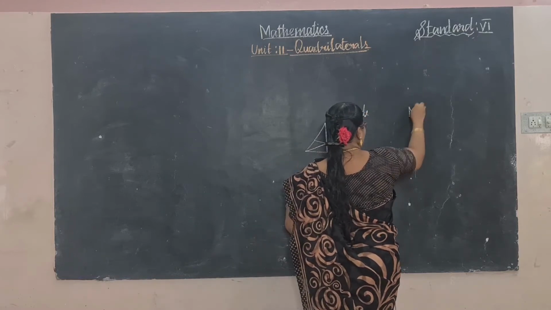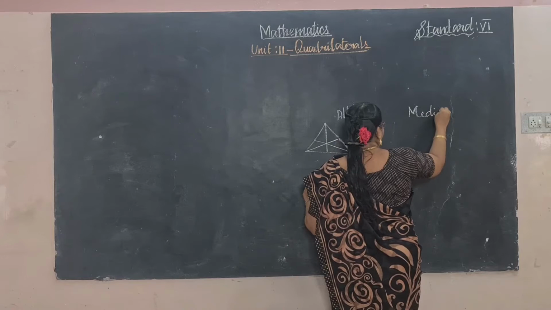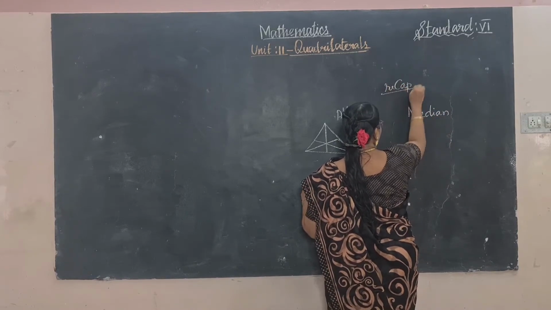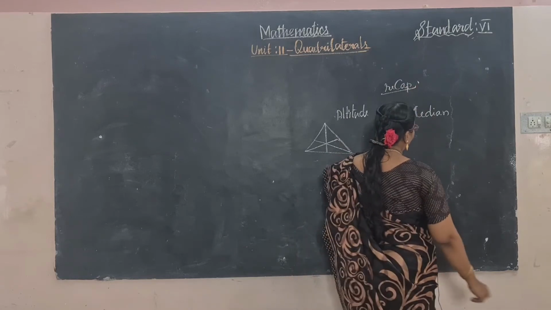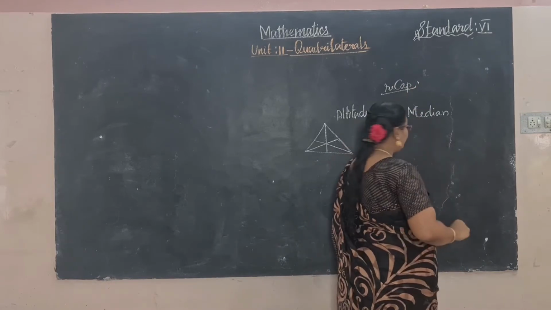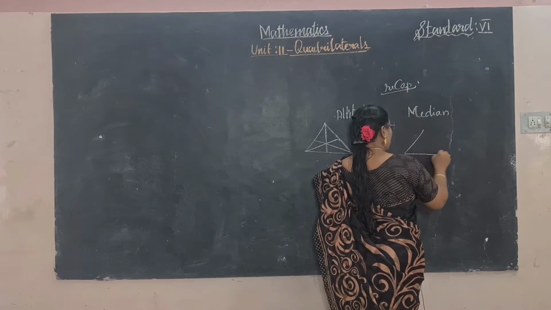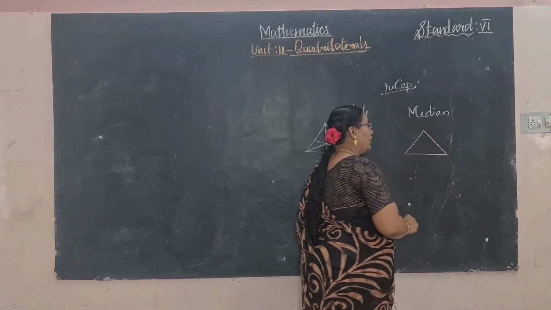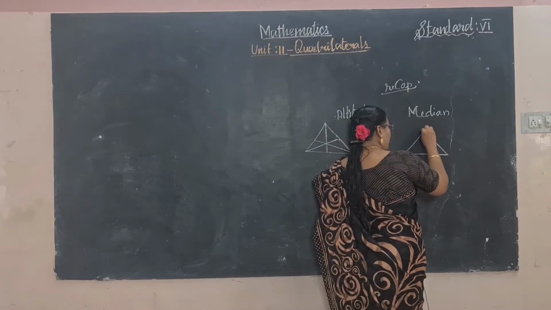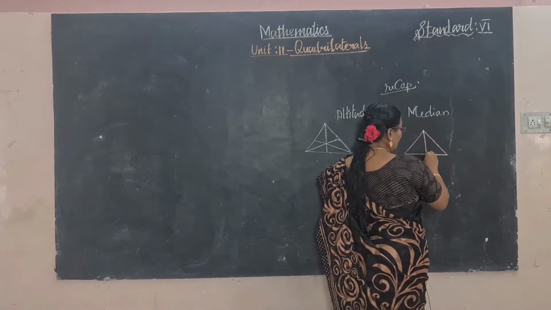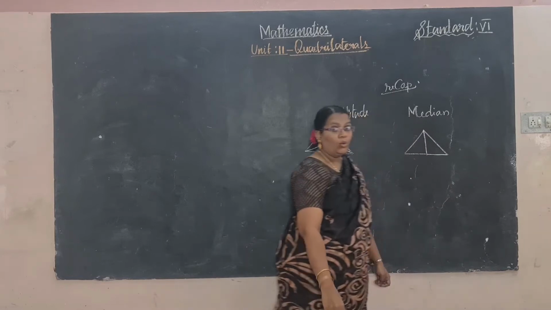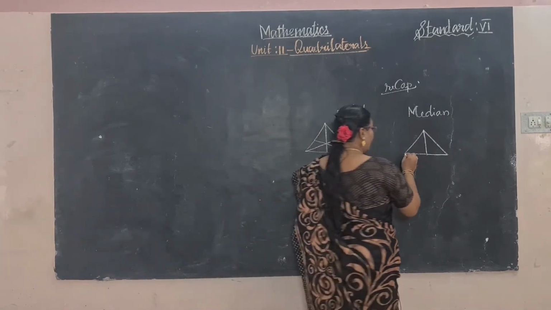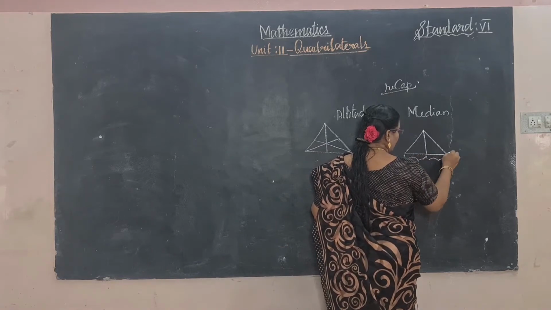The next one is median. Median means, in a triangle, the vertex divides the opposite line segment equally. If it divides the opposite side of the line segment equally, then it is called the median of the triangle.